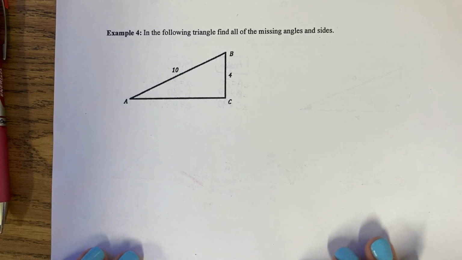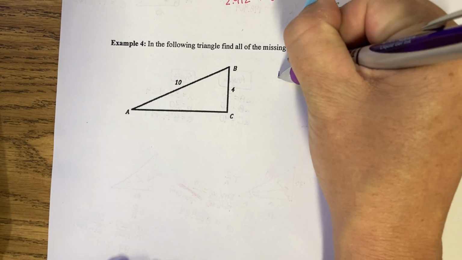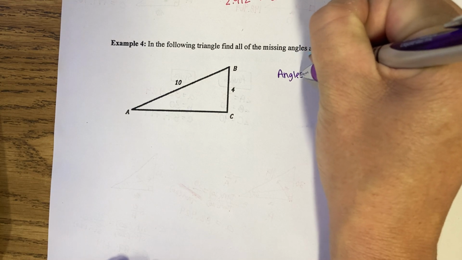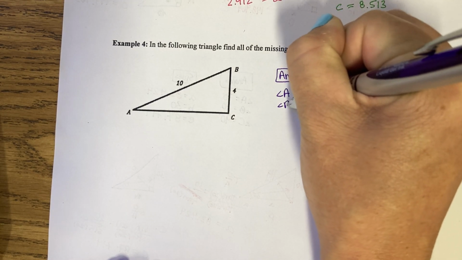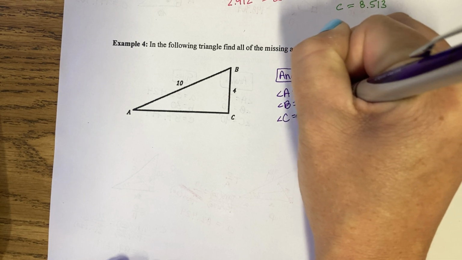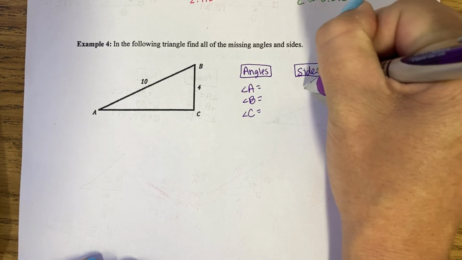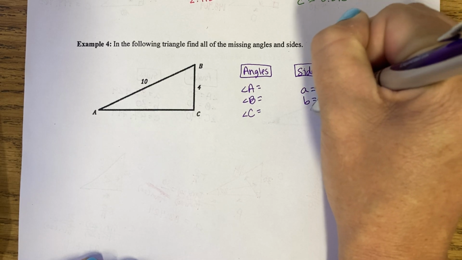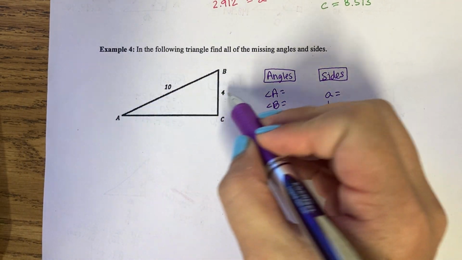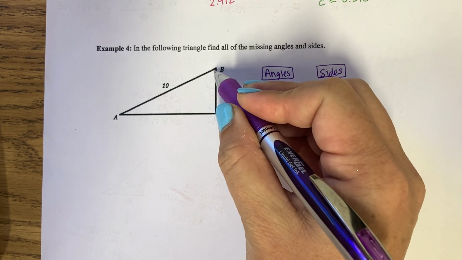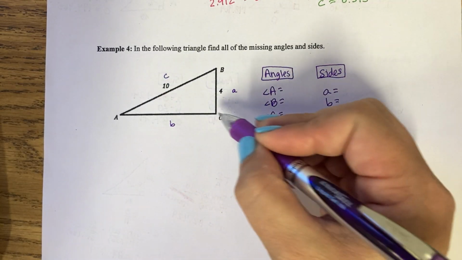Example 4. Looking for all of the angles and sides. Okay, so across from the capital A is little a, across from capital B is a little b, and across from the capital C is a little c.